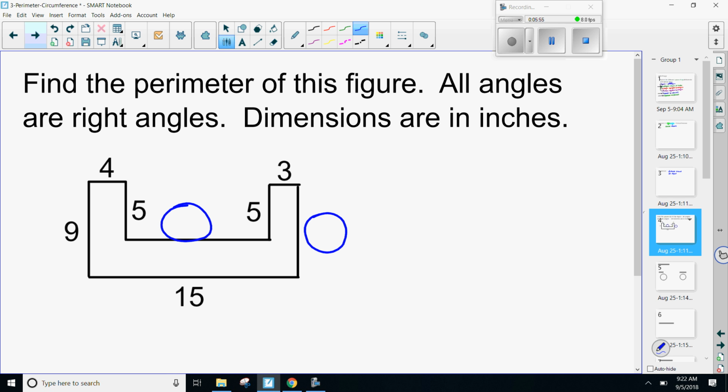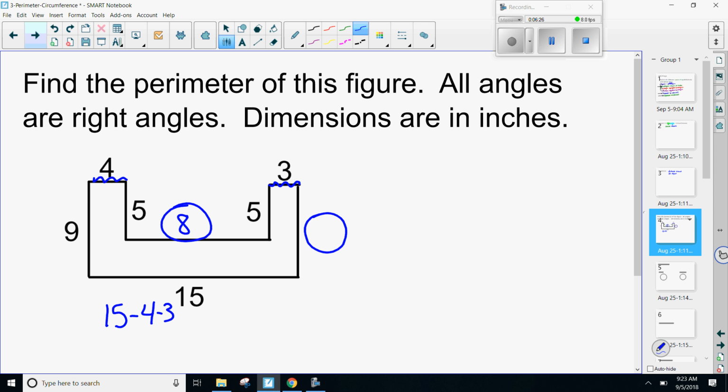However, I do know this much. Do I have to find it? If I had to find this, how would you find that? So you would say it's 15, and you're going to subtract the 4 and the 3 because the 15 is the full length, and you know you have this piece and this piece, right? What does that give you? 8.